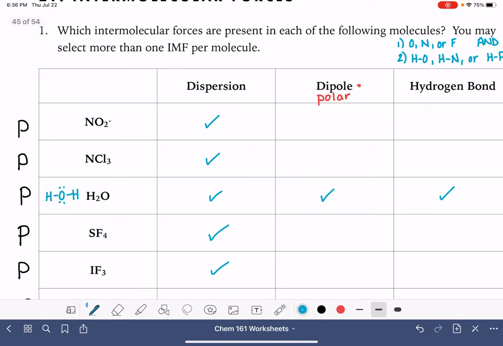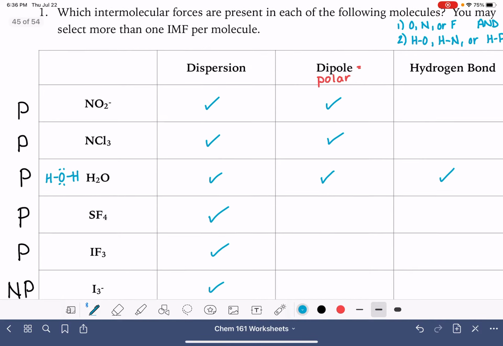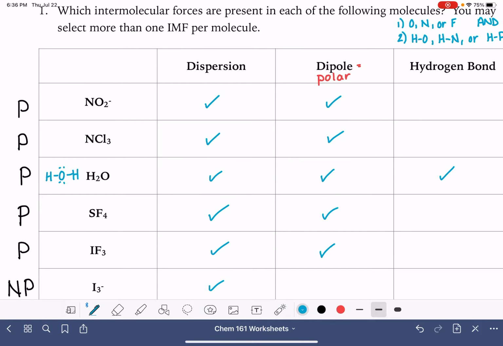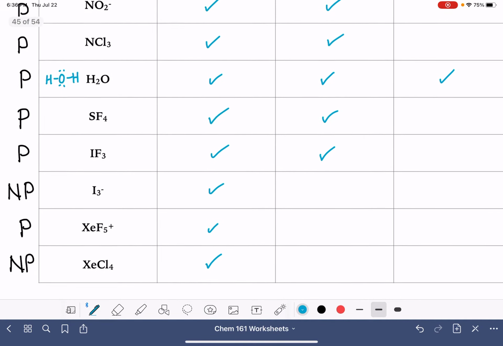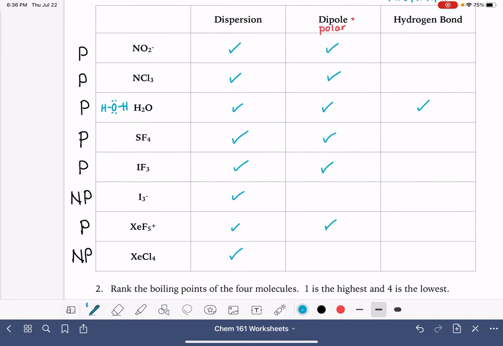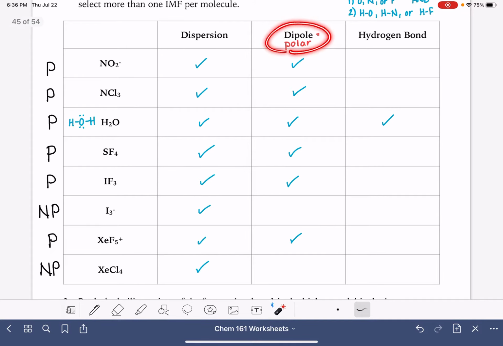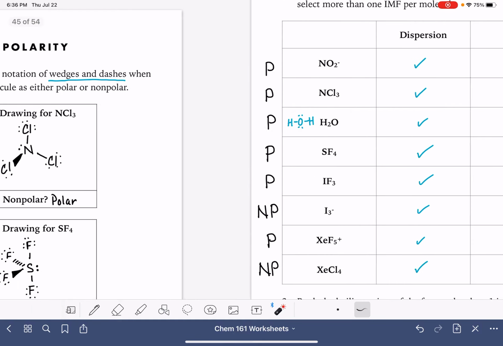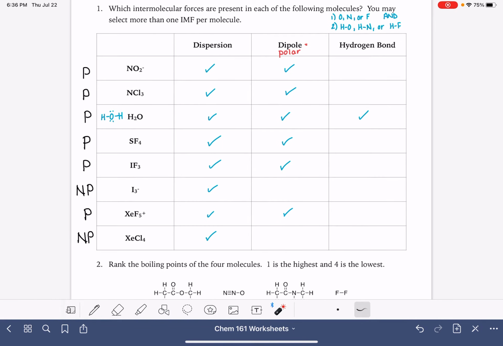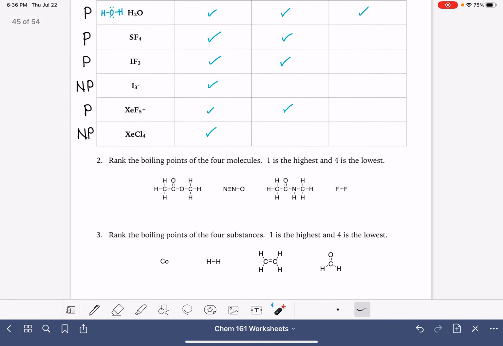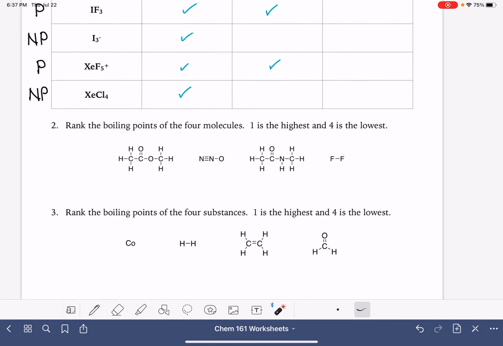So if a molecule is polar, then it has dipole forces. And all of these molecules that we previously classified as polar have dipole forces. And if you're confused about what we look at when deciding if a molecule is polar, go back and watch that part again. That'll help you.